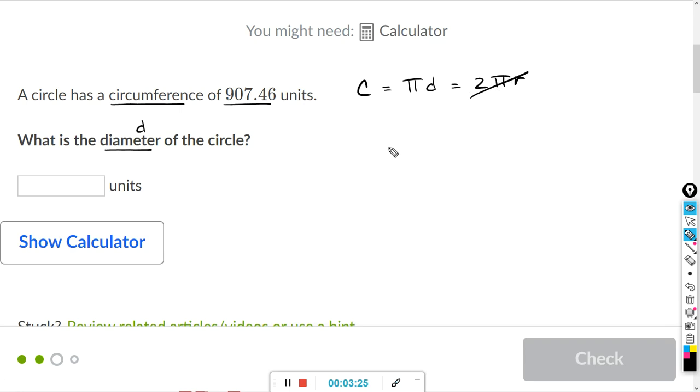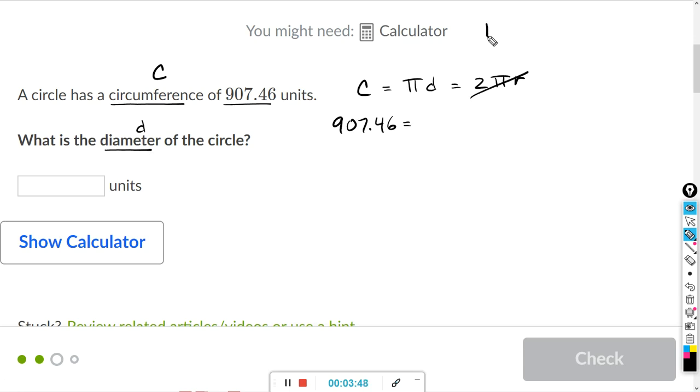And we can plug in the numbers. Circumference is c, and that's 907.46. You plug it in right here. In this case, we can't just leave pi alone, since we're solving for the diameter d.